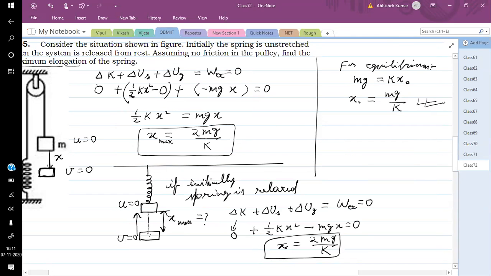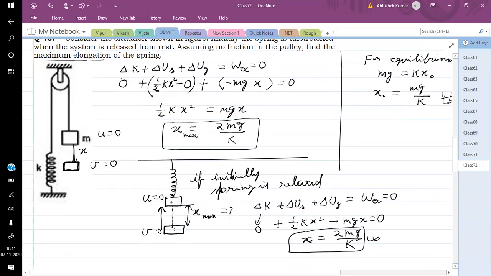But if you release the object from relaxed condition, then it travels double the distance of this equilibrium. Okay, so what is happening exactly? The object is traveling down, and the gravitational force is more, and when it reaches to distance x naught, which is equal to mg by k, the force on it becomes 0.